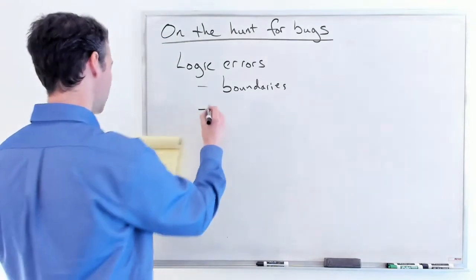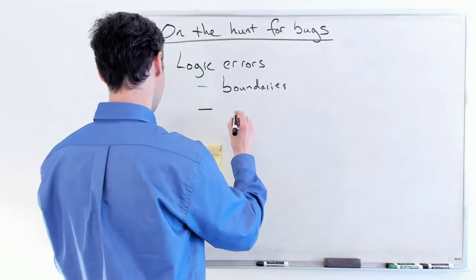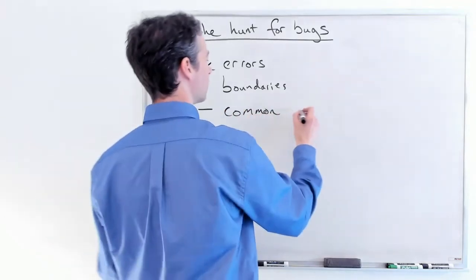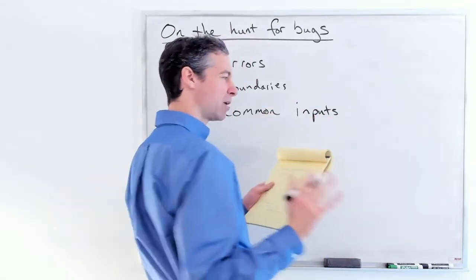But there are other common sort of things, common inputs. And you can think of them as boundaries.